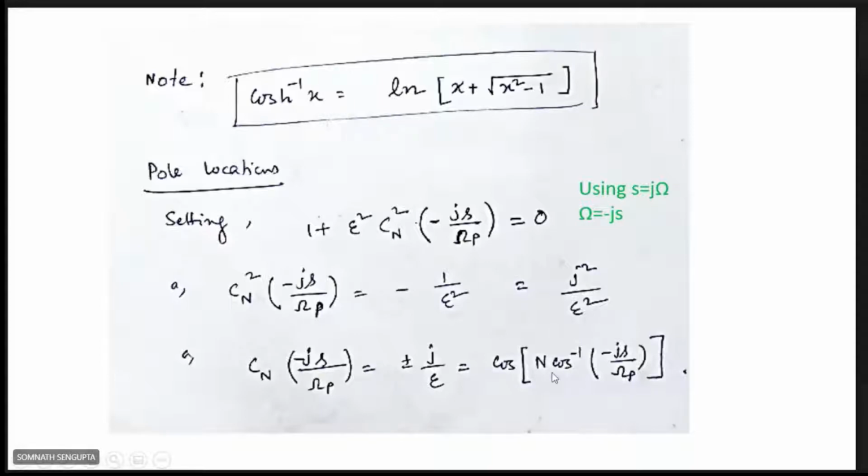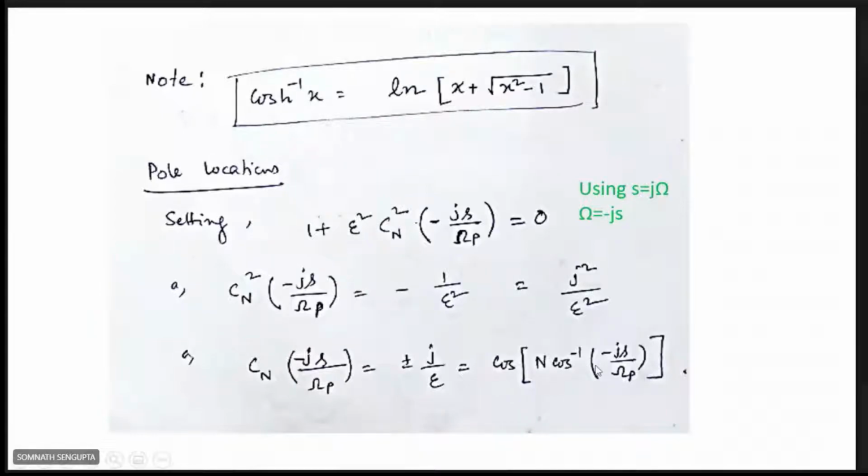So what do we mean? In place of the Cn Chebyshev polynomial, we write cos of n cos inverse of minus js by omega p, because we consider the pass band. The pass band formula is this, and because we want to know the pole locations, and a pole means the frequency at which the gain is high, we have to consider the Chebyshev polynomial formula in the form of the pass band.